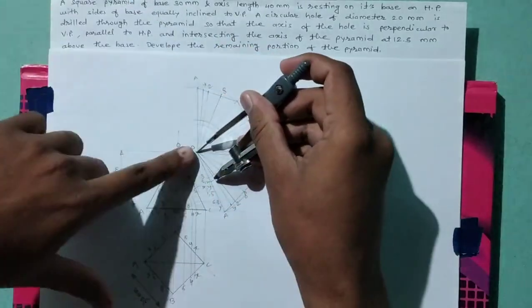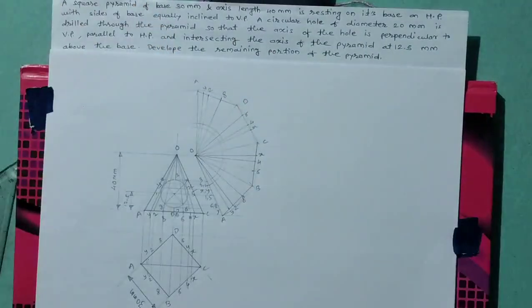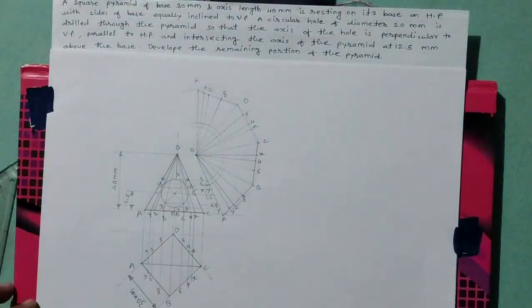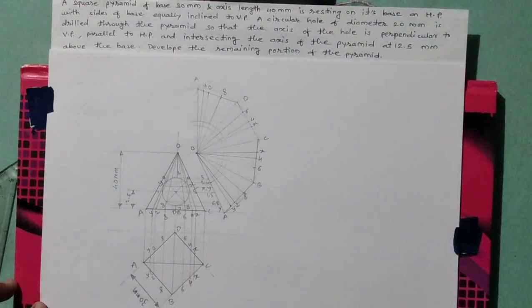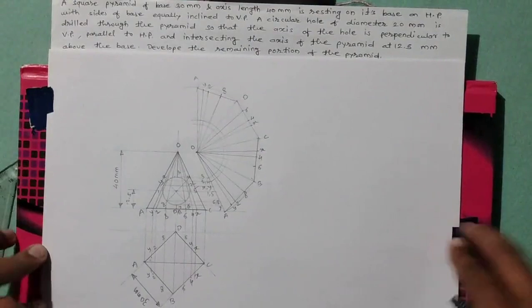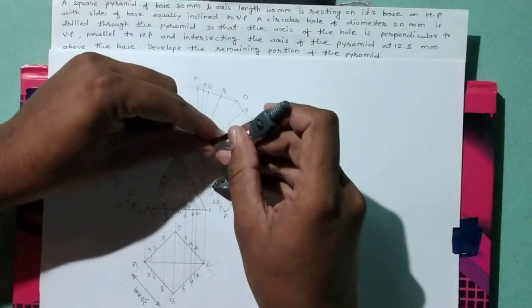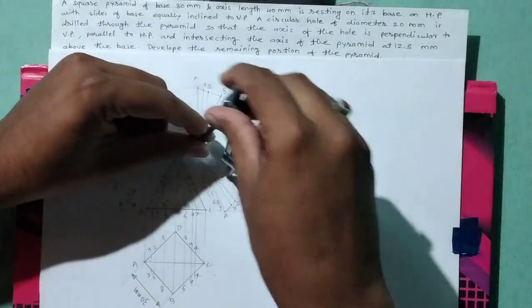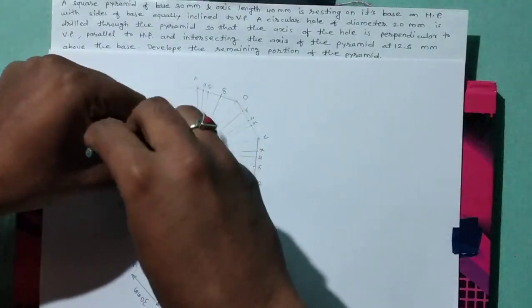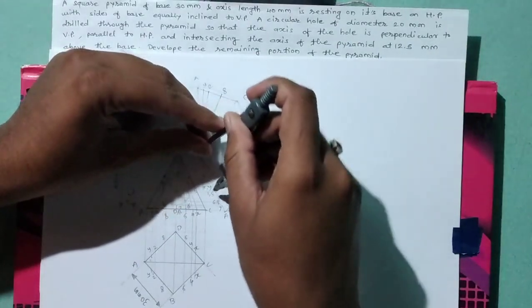After that, take the distance from O to point XY, we are drawing this arc from O to point XY, and complete this arc. Again from O to 1 5, no need to draw from 1 5.